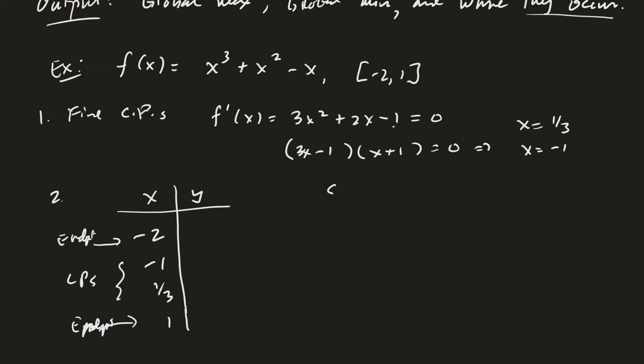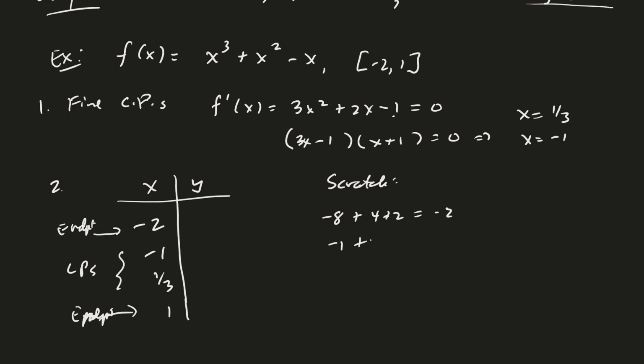Scratch work. If I put in -2, I get -8 plus 4 minus 2, which is -2. If I put in -1, I get -1 plus 1 minus -1, so that's going to be a plus 1.